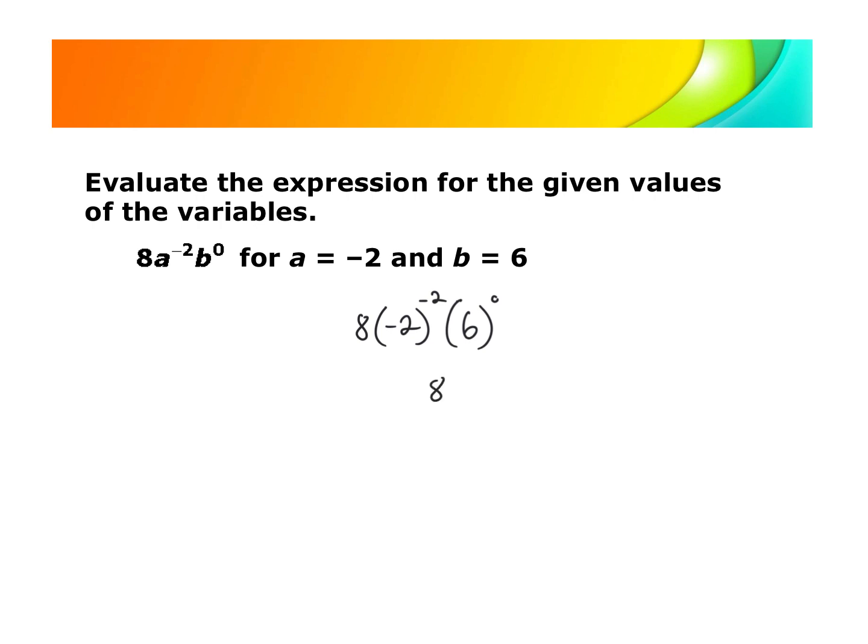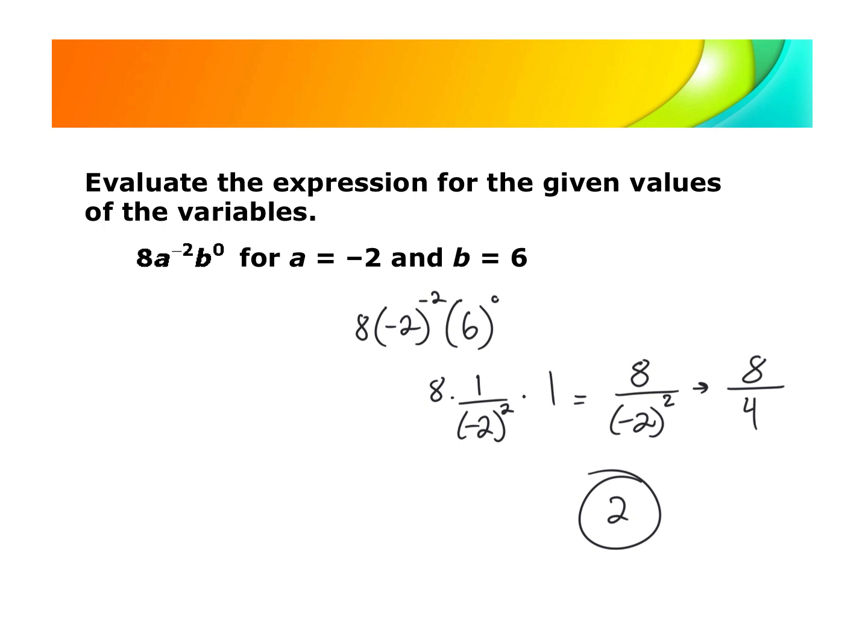So I'm going to write 8 times 1 over negative 2 to the second power times 1. I'm going to simplify this by multiplying the numerators together and the denominators together. So I'm going to get 8 over negative 2 to the second power. That's going to become 8 over 4. And that's going to simplify to 2 as our answer.